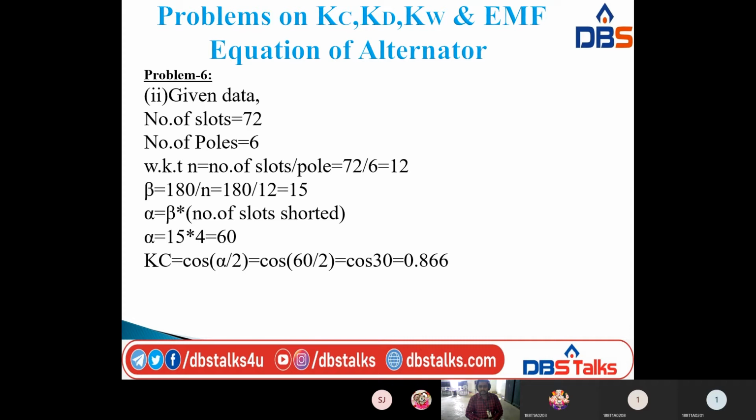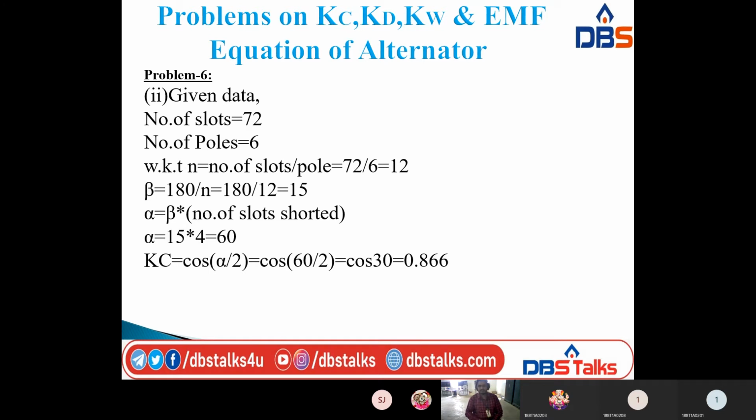And next I am going to calculate the alpha value, that is equal to beta into number of slots shorted. Here in the given problem, they have given that coil span is 1 to 9. The difference is 9 minus 1, that is equal to 8. Here we have the pole pitch value, that is equal to 12, and subtract that coil span value from the pole pitch value, that is 12 minus 8.